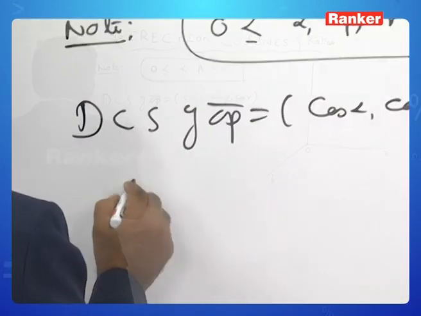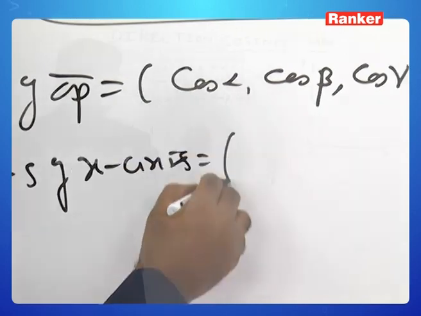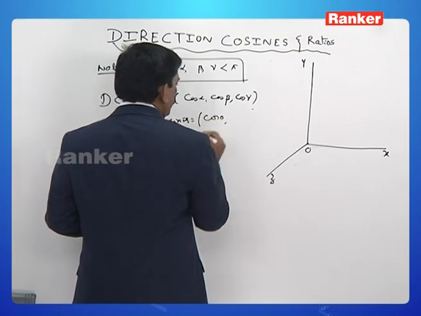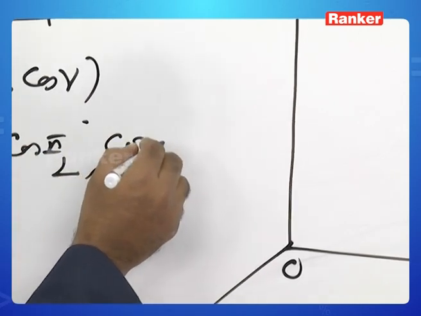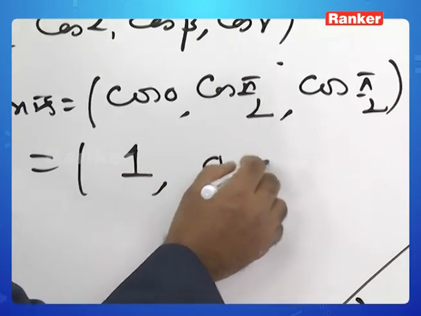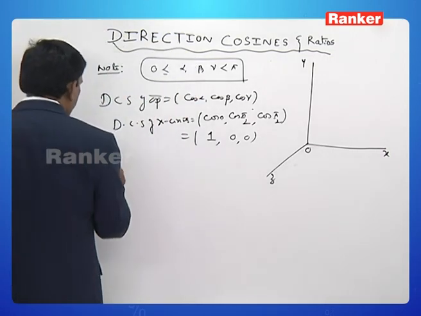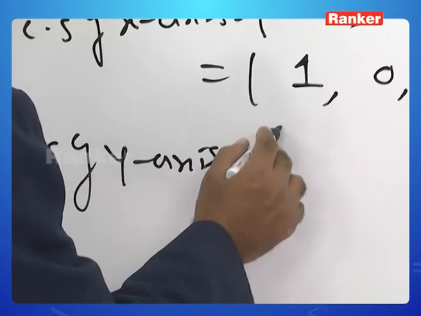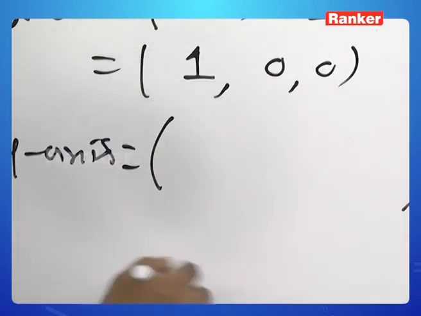So the DCs of the x-axis: the angle made by the x-axis with the x-axis is cos 0, with the y-axis cos pi by 2, with the z-axis cos pi by 2. Therefore the DCs are 1, 0, 0. Next, the DCs of the y-axis: the angle made by the y-axis with the x-axis is pi by 2, with the y-axis 0, with the z-axis pi by 2.